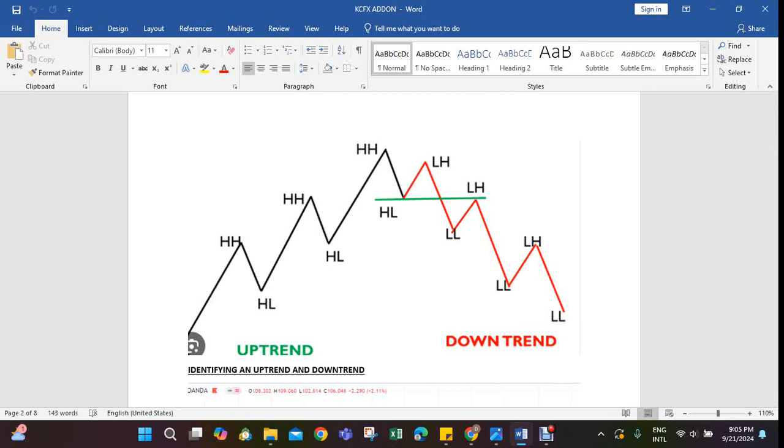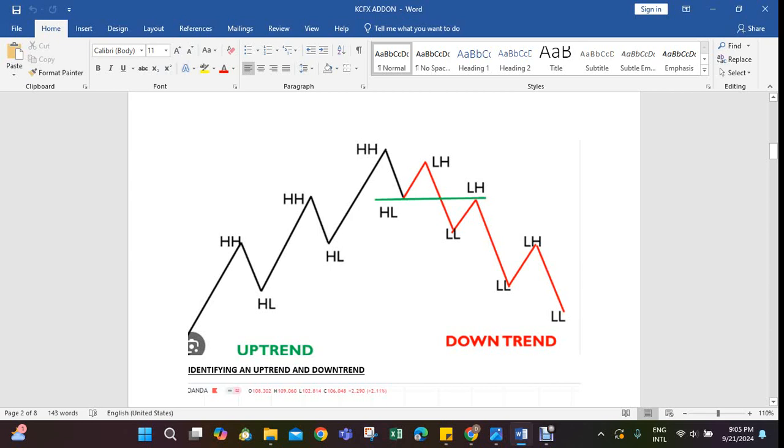Let's understand that when you see higher highs and higher lows to the upside, the market is in an uptrend. Now, if you look at the other side, you can see a downtrend. Now you can see we have LH, LL, LH, LL, LH, LL. The LH stands for lower high, the LL stands for lower low.